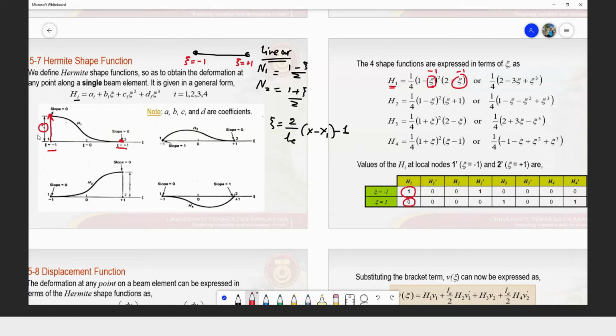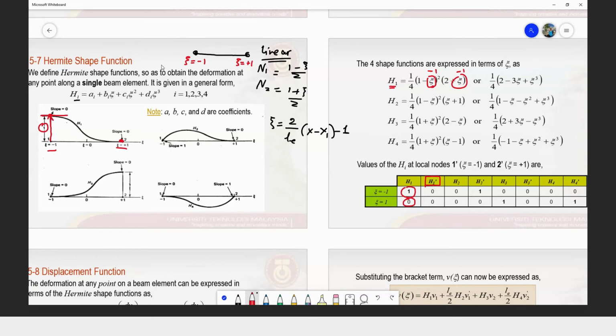Okay, that is for H, which refers to the Hermite-shaped function for the deflection. And for rotation, it is given by H prime here. So for H1 prime at position Z = -1, we find its rotation is zero.